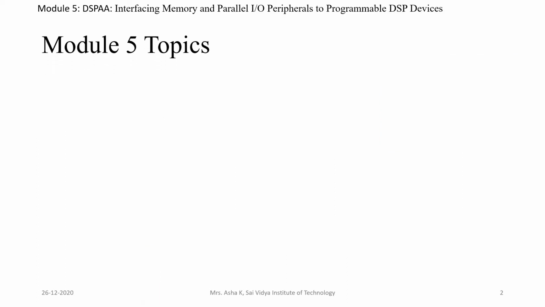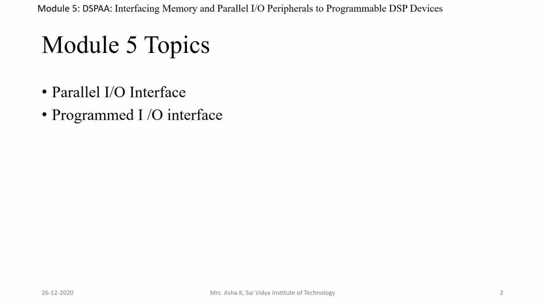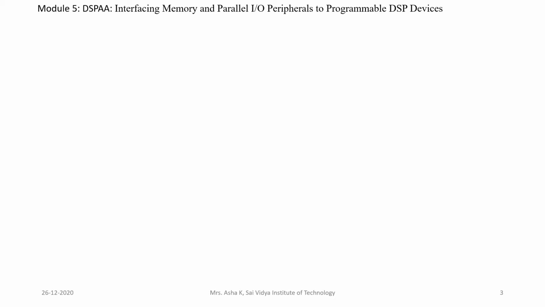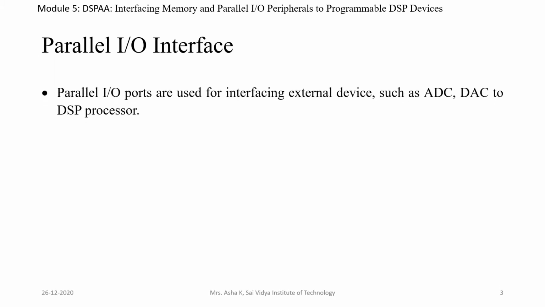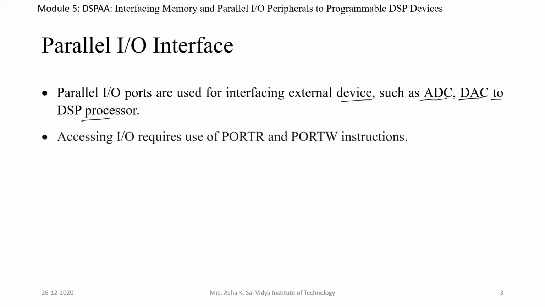In Module 5, the topics that we are covering in today's class are parallel input-output interface and also programmed input-output interface. Parallel input-output interface. Here, parallel input-output ports are used for interfacing external devices such as analog to digital converters and digital to analog converters to a DSP processor.